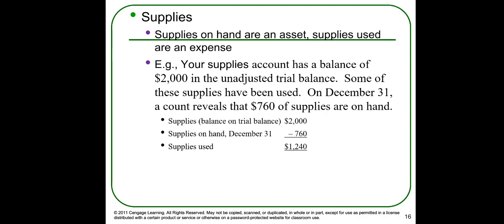So these things, the softeners, the detergents, are called supplies. In accounting, these things are called supplies.